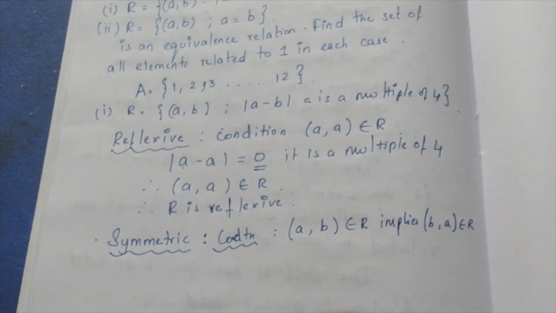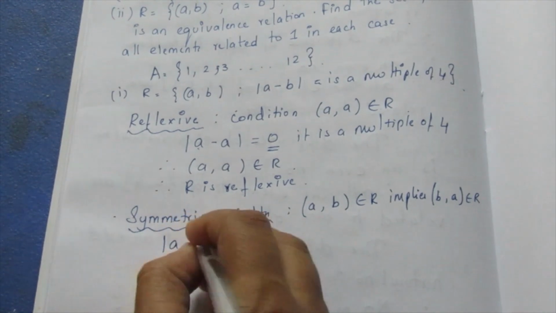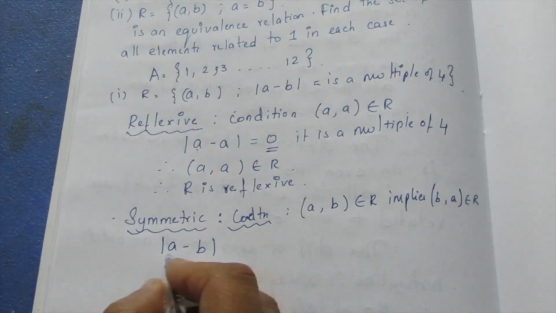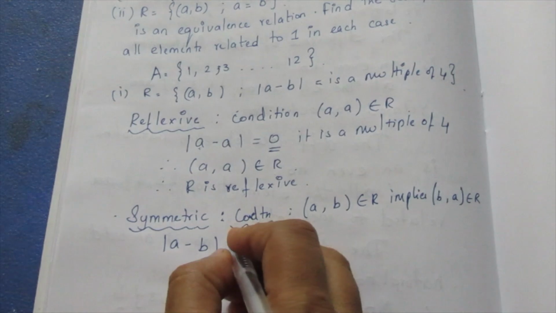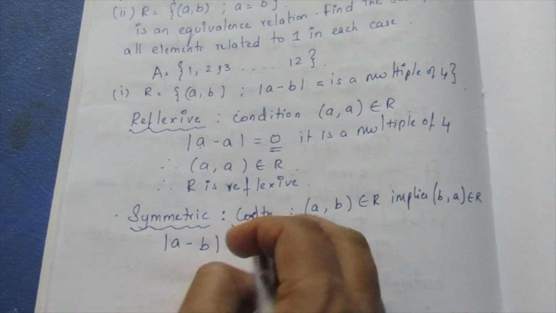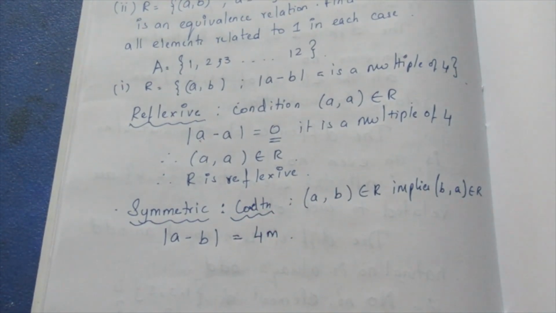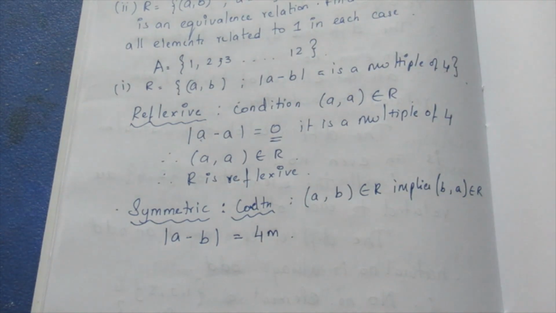Let us prove it. Let us take two numbers. Modulus a minus b, according to the given relation, should be equal to 4 into m. So it is 4 into m, which means it is a multiple of 4.